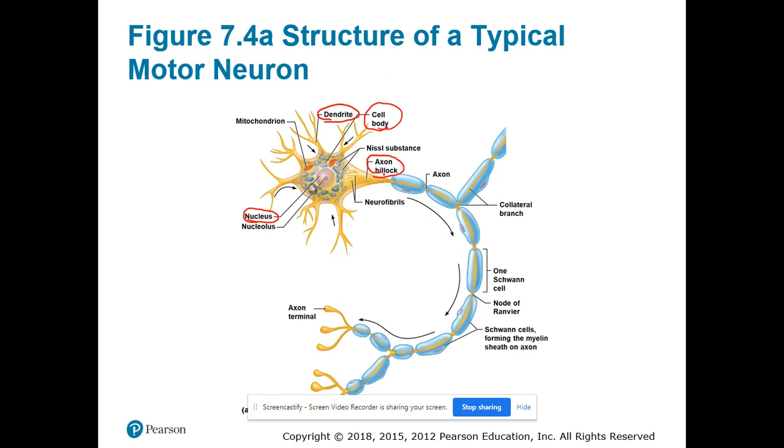We're going to define that. It's going to go down this yellow axon, we're going to define that, which are covered by Schwann cells, which form myelin sheath. But there are gaps between the Schwann cells, and we're going to define nodes of Ranvier, and we're also going to define axon terminal.